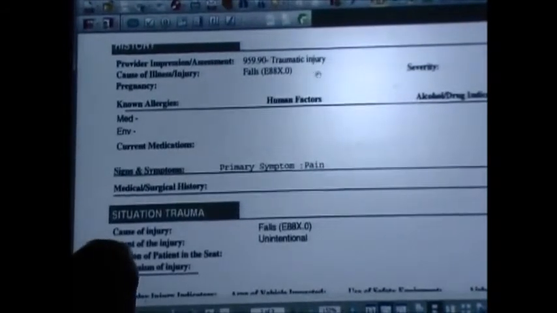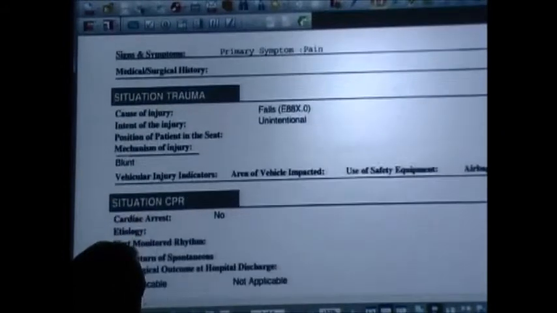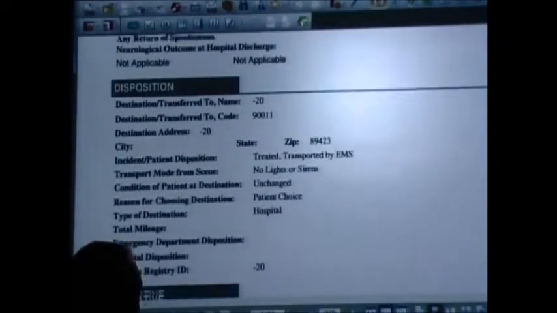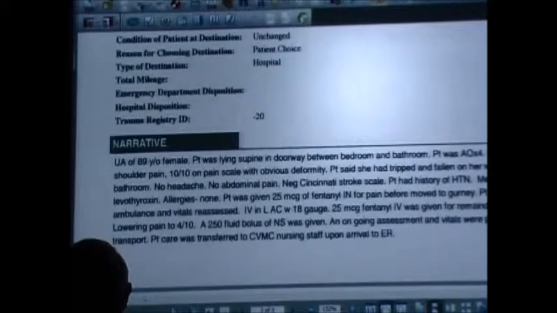If that's all that you had in this chart, which is a possibility, unless you come down here and narrate that, which they did, 89-year-old female, tripped and fell. So it's mechanical ground level fall. Okay, now I got a little better picture of what we're dealing with.